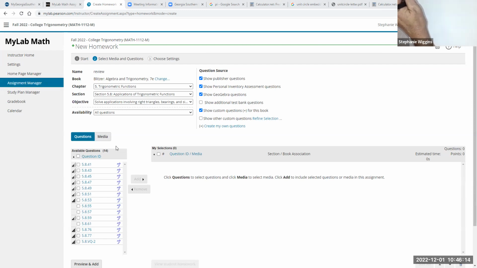So this is a good type of example that you might run into on the test. The first thing is to draw a picture. So we've got the Statue of Liberty, and 305 feet is the height of the Statue of Liberty. And then our angle is 25.6 degrees.